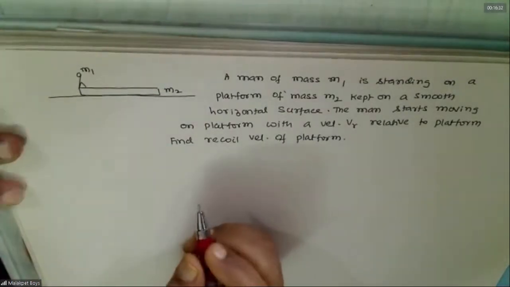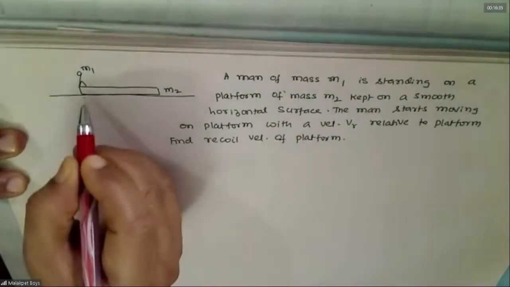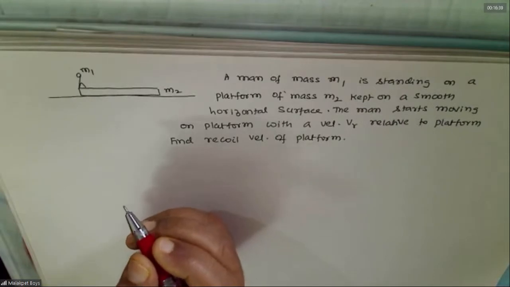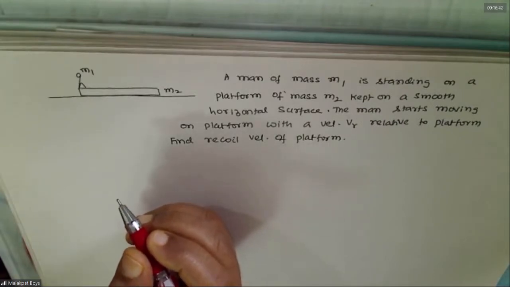See here, recoil velocity means the velocity in the opposite direction with respect to ground.